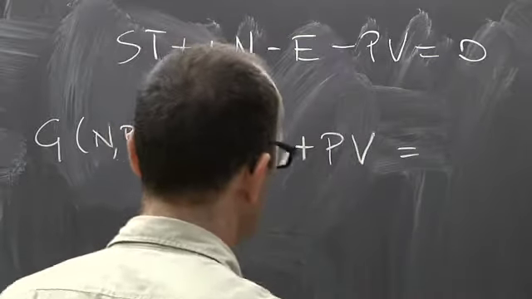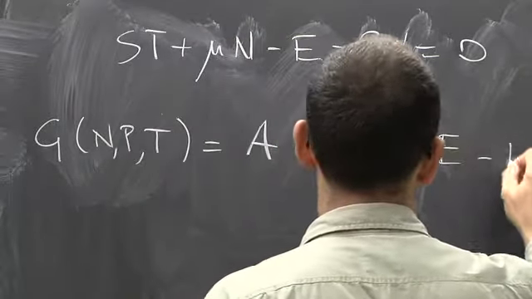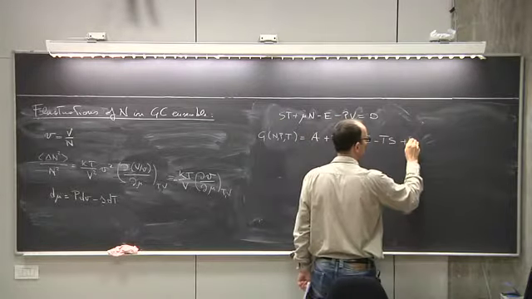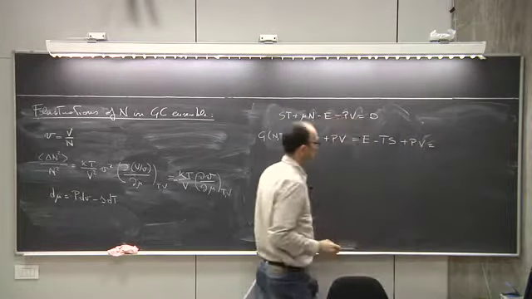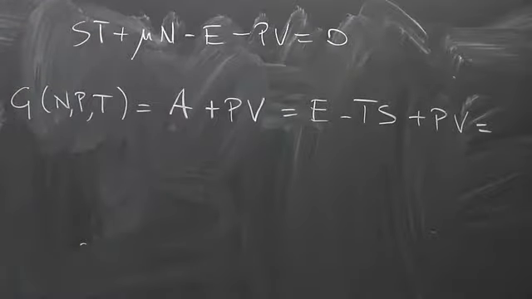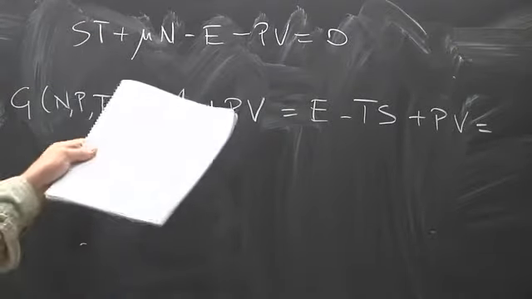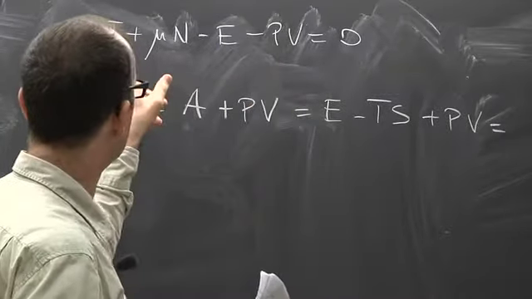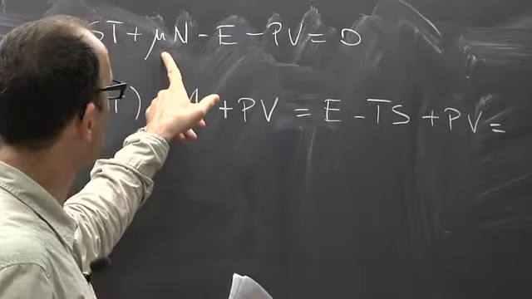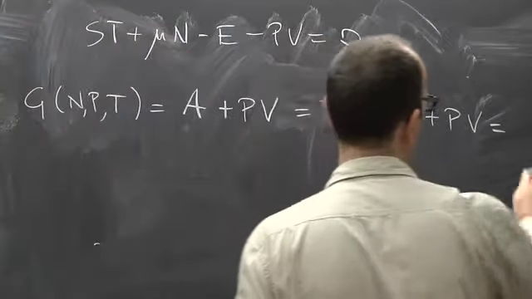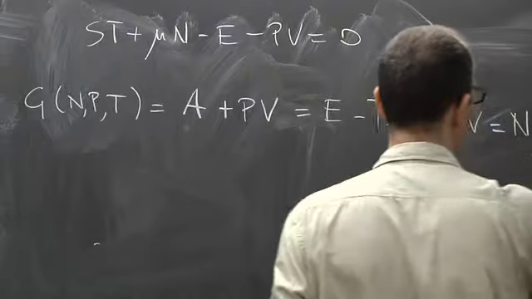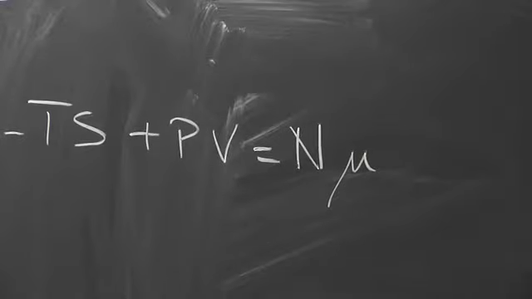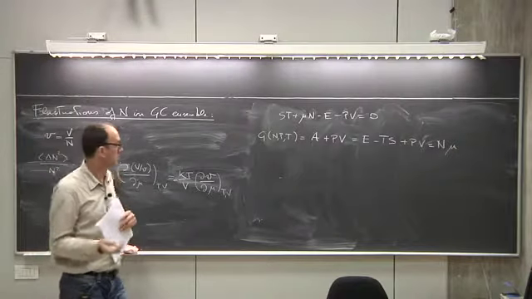So E minus Ts is the Helmholtz free energy, plus PV. So from this, you see that using this relation, E plus PV minus Ts is exactly equal to mu n. So you see mu is an intensive variable, so it does not depend on n.